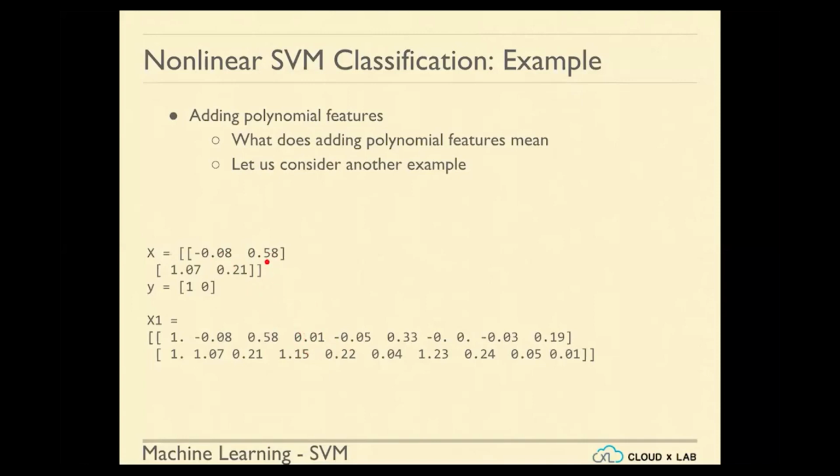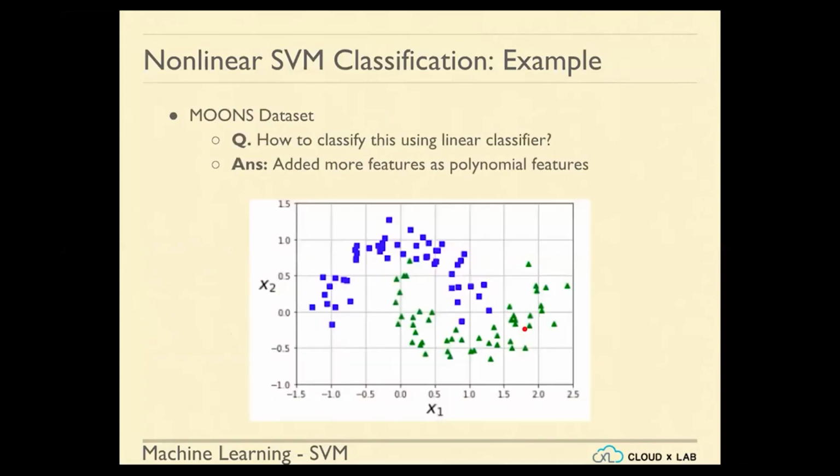Probably is this 0.58 cube? Let's say this is x1 cube, x2 cube, x1 square, x2 square, x1, and so on. So x1 square and x2 square will also be there. All the lower degrees, up to degree 3, are included here.